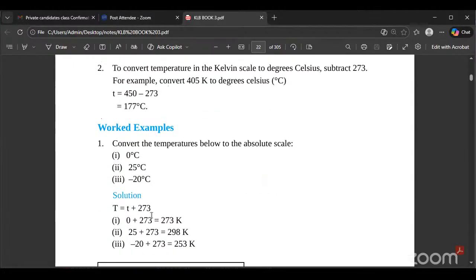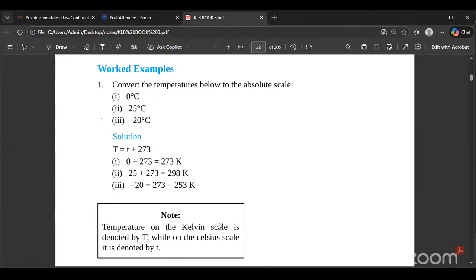So we only add, so for example, it is T plus 273. So you're adding that one. I think that one we are okay. The temperature on the Kelvin scale is denoted by capital T, while the Celsius scale is denoted by a small t. That is something that is normally seen but never mentioned. I don't think teachers normally mention this.